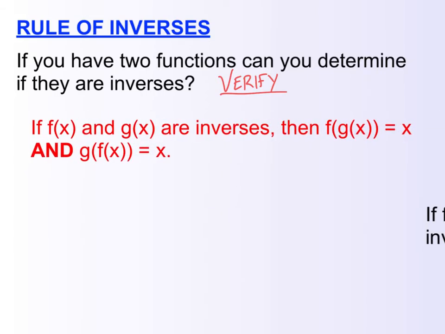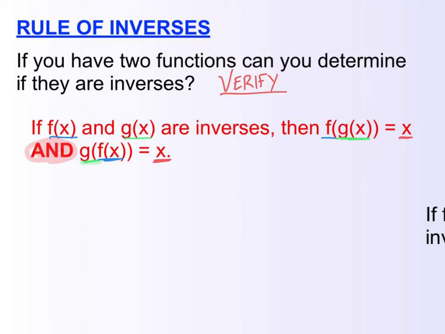Okay, so if we have f of x and g of x, if they are inverses, then we must find f of g of x, and it has to be equal to x, and we also have to find g of f of x, and it also has to equal x.